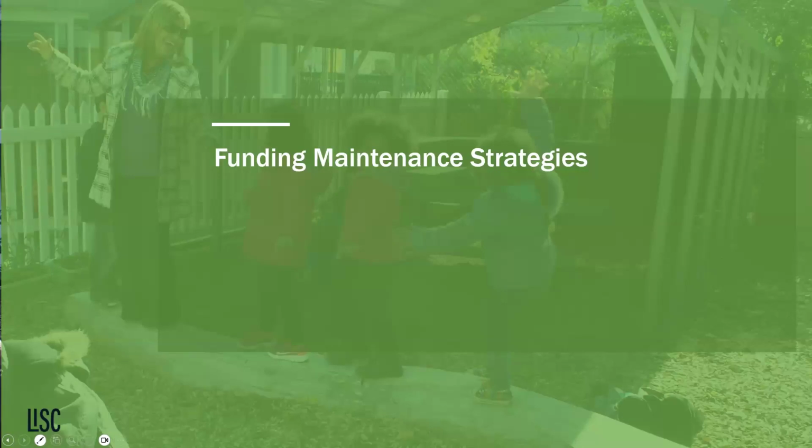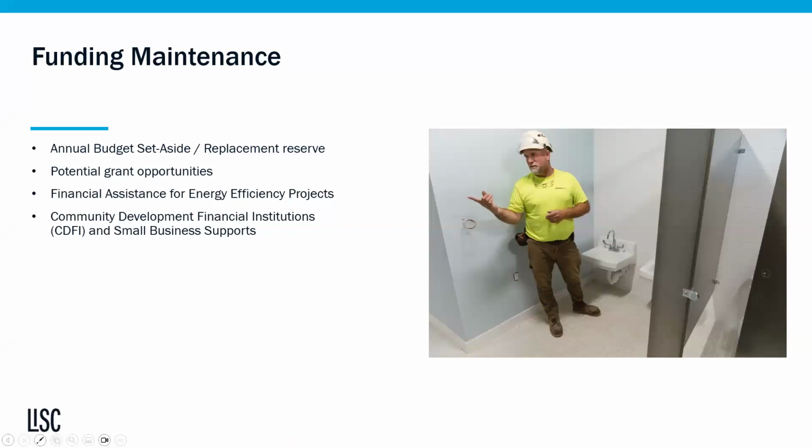Almost to our last section here, we're going to spend a little time talking about how to fund maintenance strategies. Just going to go over a few things to think about, some of which we've already spoken to, but just food for thought here. Your annual budget set aside, making sure, as many of our presenters emphasized for us today, that you're planning.